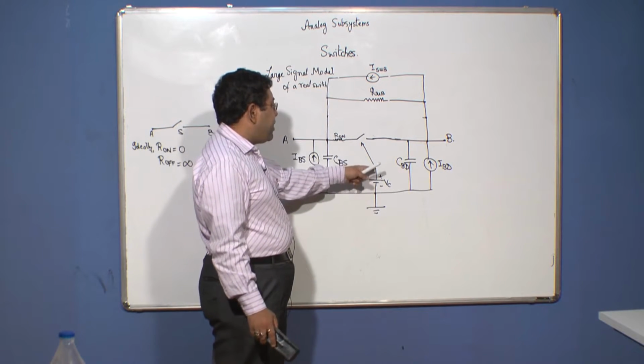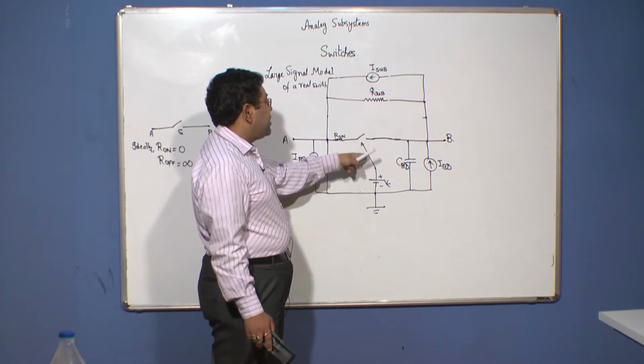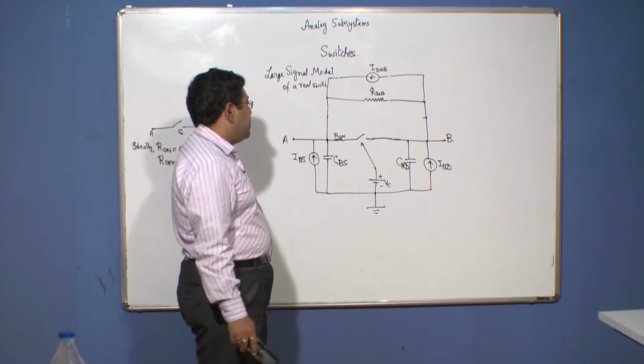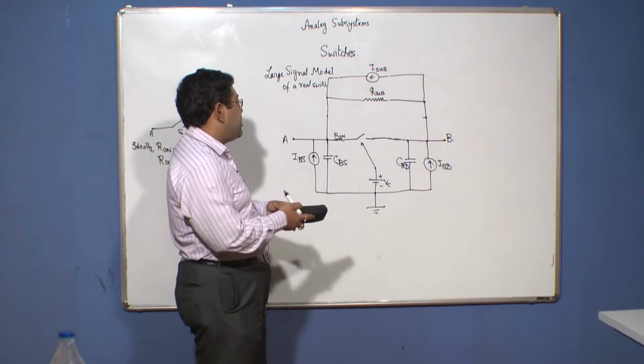The potential that we apply to the gate to turn on the N channel is given by the control voltage Vc.